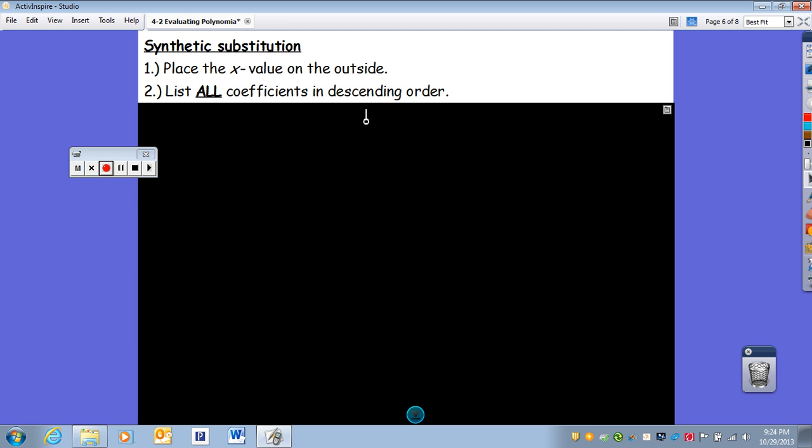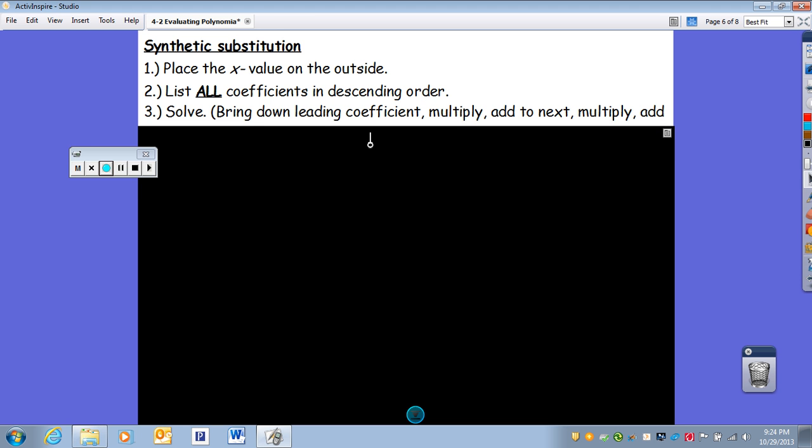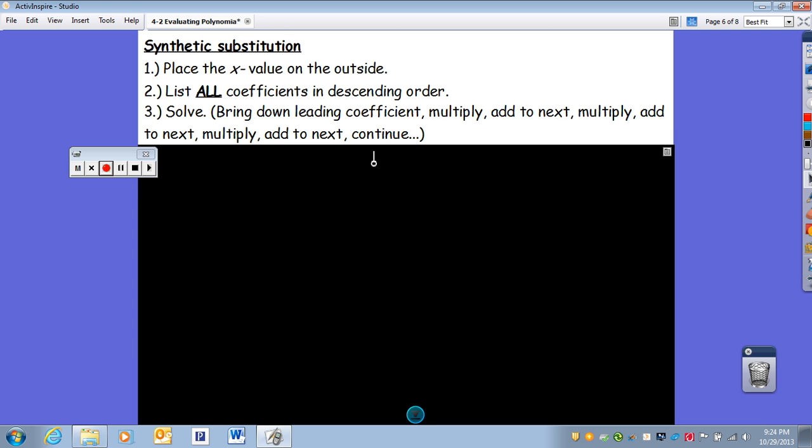If there are some terms that are not listed, for example, if we have an x to the fourth term, but we don't have an x to the third or an x squared, we want to make sure that those coefficients are listed as zeros. Then we're going to solve by, first we bring down the leading coefficient, we multiply that times the x value on the outside, then we add it to the next, multiply, add to the next, and so on.